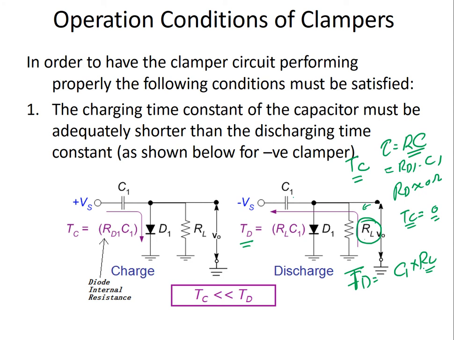To operate the clamper, your discharging time TD must be much higher than the charging time of the capacitor. That is the first condition.